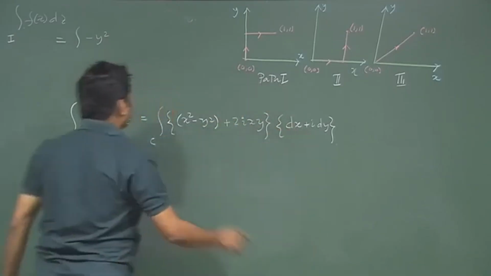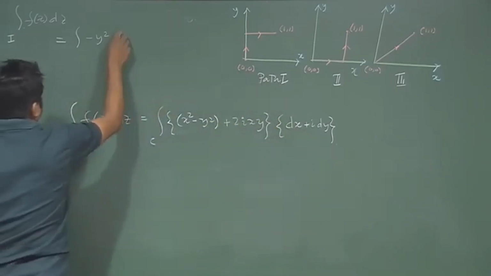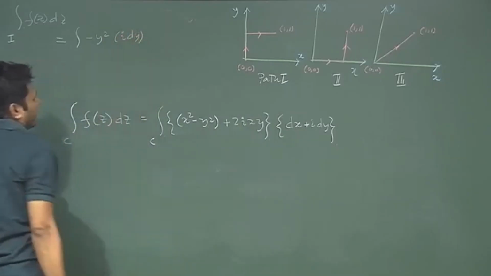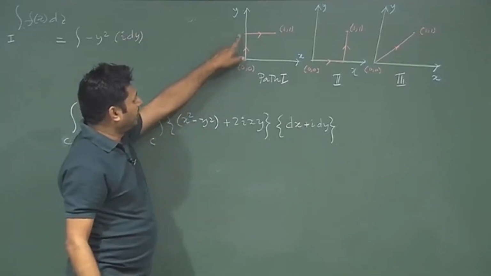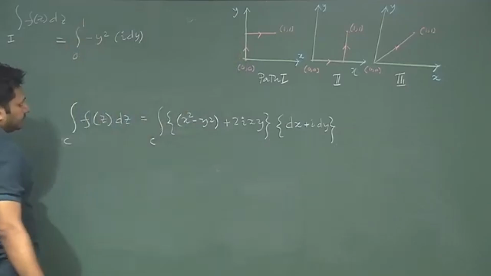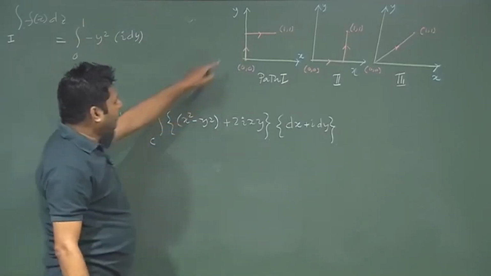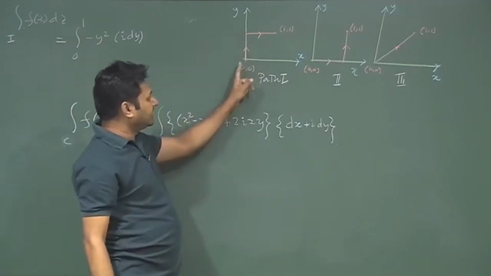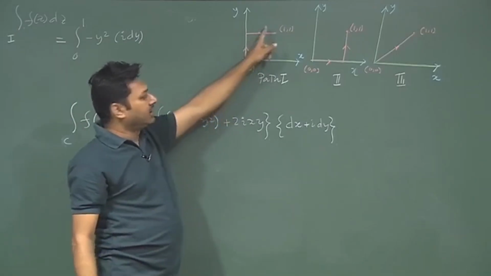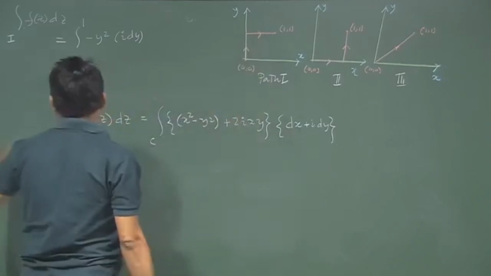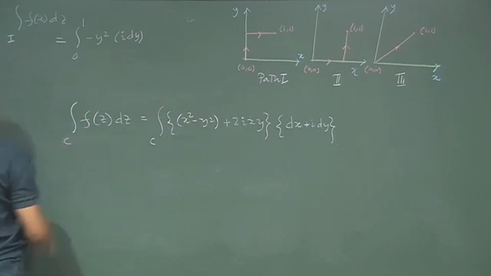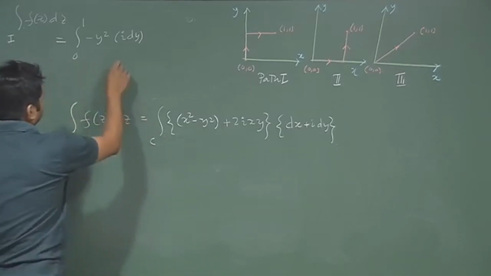So, the only thing I have is i dy. The limit from here to here is 0 to 1. Next I will go from here to here. I just divide this entire path C into two parts, C1 and C2, that is all.